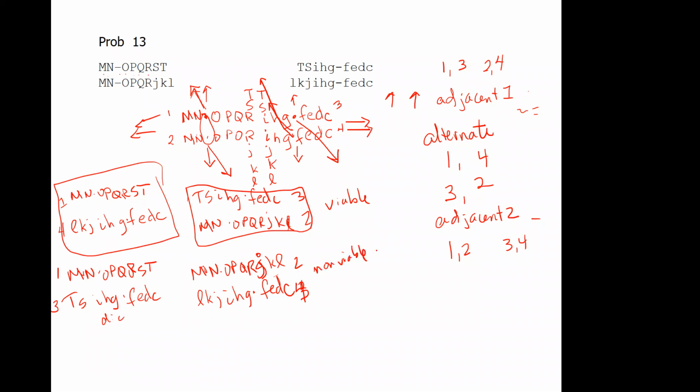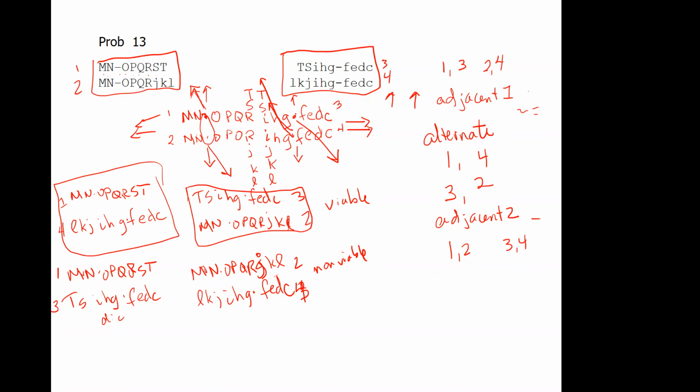And then the last one, adjacent 2, is going to give you back 1 cell that has this and 1 cell that has that, okay? Because you took this chromosome right here, 1 and 2, and you took 3 and 4 and separated them. So here you're missing H, I, G, F, E, D, C. You're missing a bunch of genes, and you have here you're missing M, N, O, P, Q, R. So you're missing a bunch of genes, and you have 2 copies of some things.